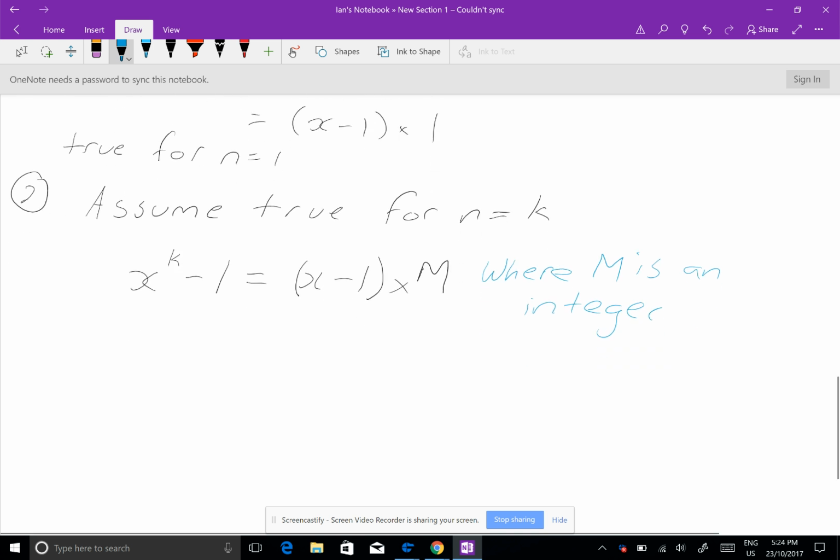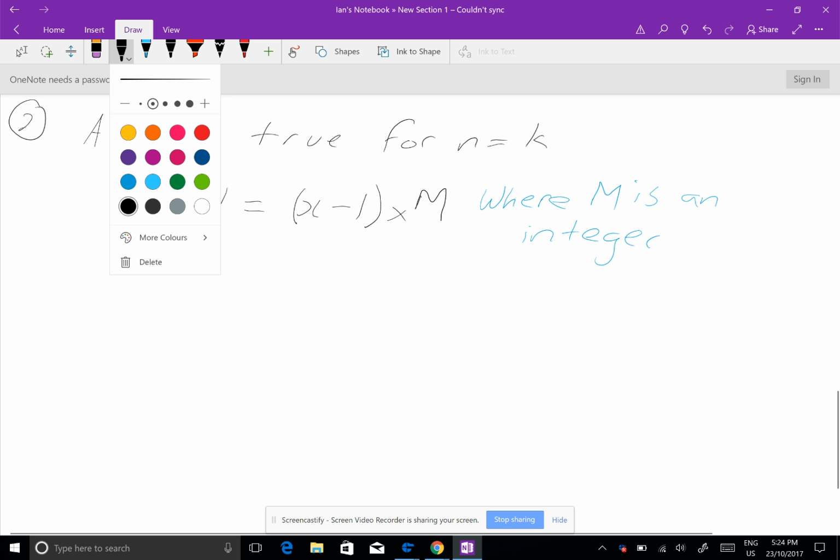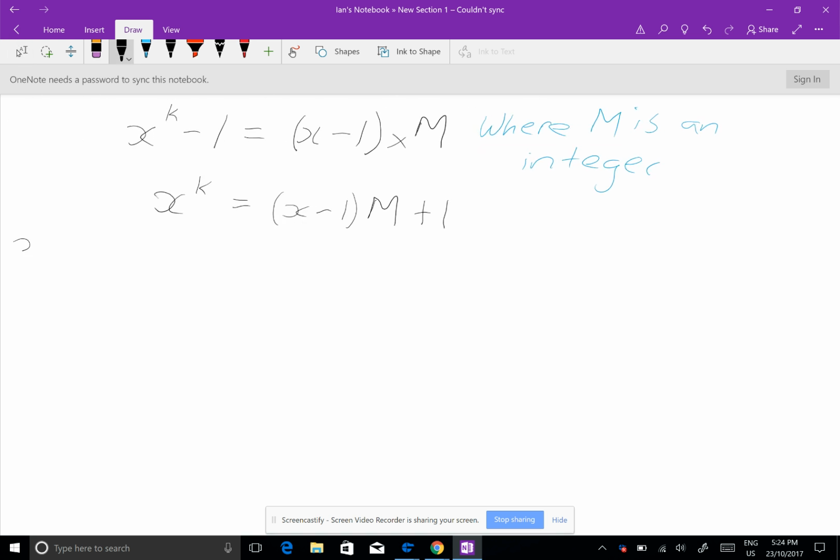Still not finished with that line yet, because we need to go, well, x to the k equals x minus 1 m plus 1. Okay, step number 3.